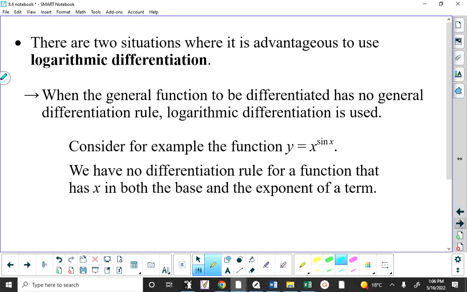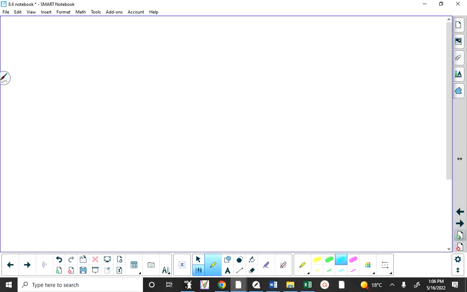So the first is if you have a function that you have no differentiation rule for. For example, the one I'm giving you here is y equals x raised to the sine of x. You do not have a rule for differentiating that. There isn't one. You have a rule for differentiating things like x to the 42.